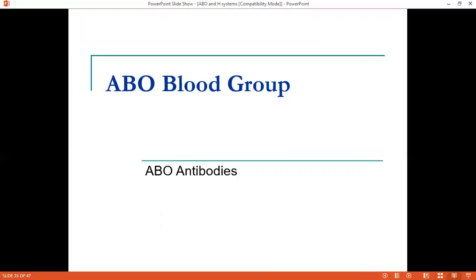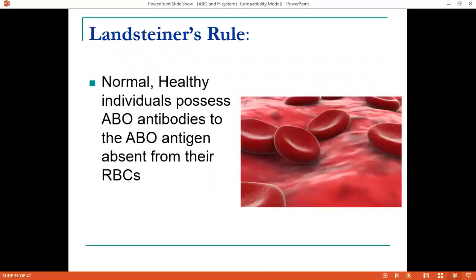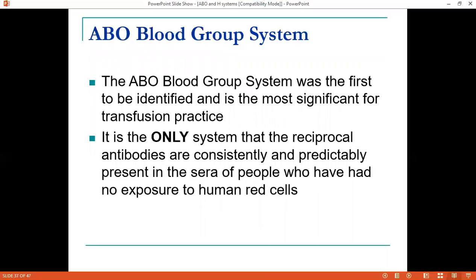So now we're going to move on and discuss each of the ABO antibodies and look at its importance. As we know, we understand Landsteiner's rule that healthy individuals will possess the ABO antibodies to the ABO antigen that is absent from the red blood cell. And this was the first to be identified because it's actually the most significant for transfusion practice.